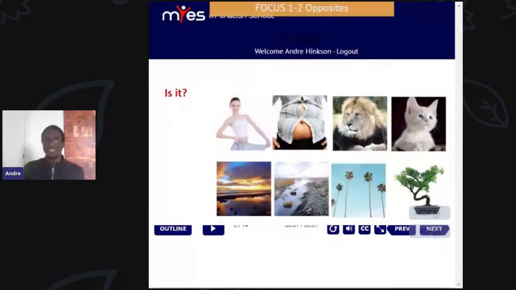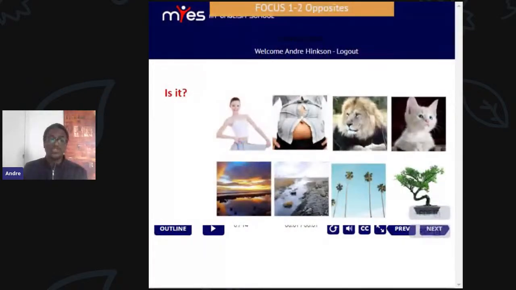So let me ask the question. In this case, we have more than one palm tree. So we have to use the plural form of the verb to be, as well as changing the subject. So we have six palm trees, so they're plural. So we use the verb to be in the form of are.